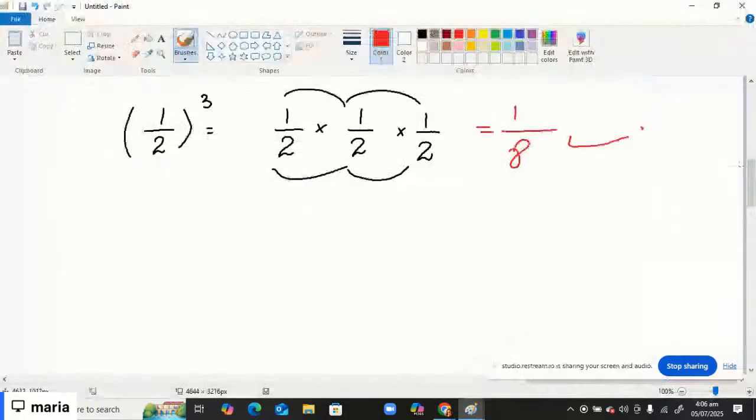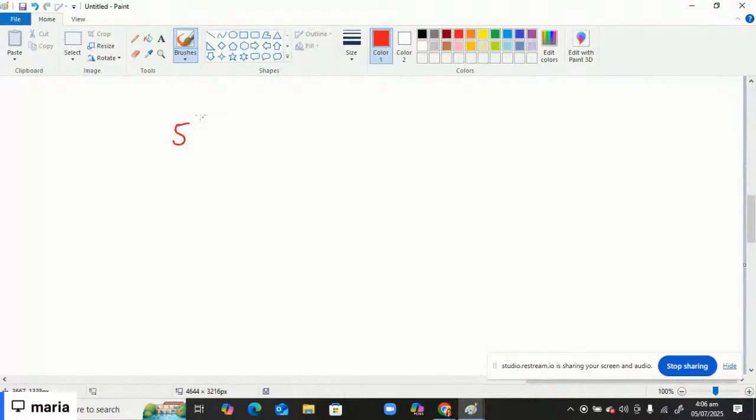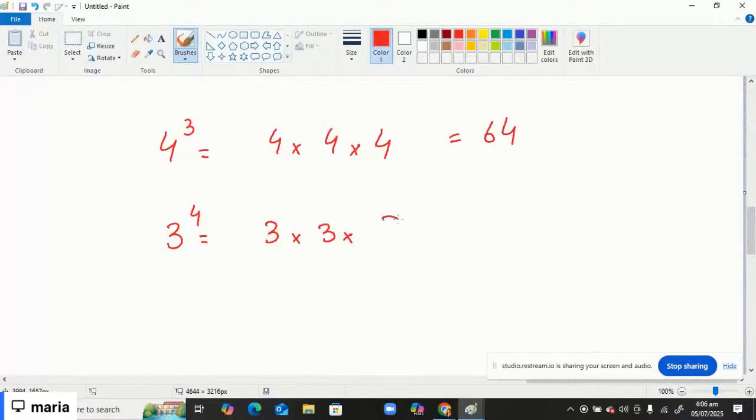For example, 5 power 2 means 5 times 5, that is 25. 4 power 3 means 4 times 4 times 4, that is 64. 3 power 4 means 3 times 3 times 3 times 3, 4 times.